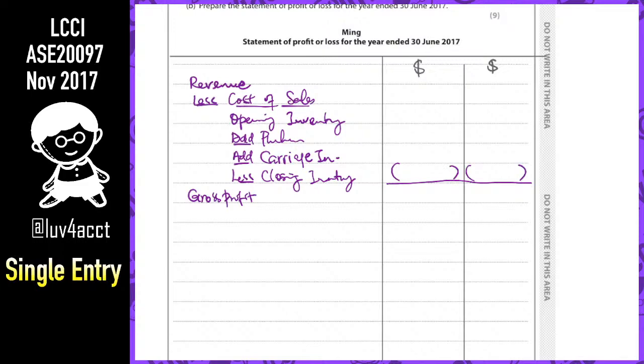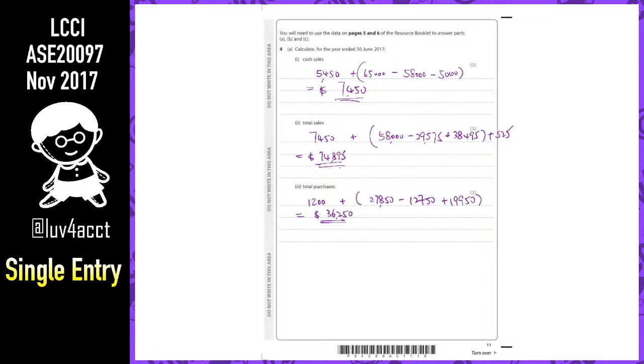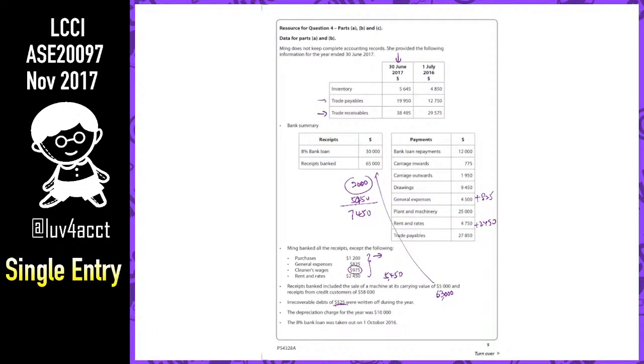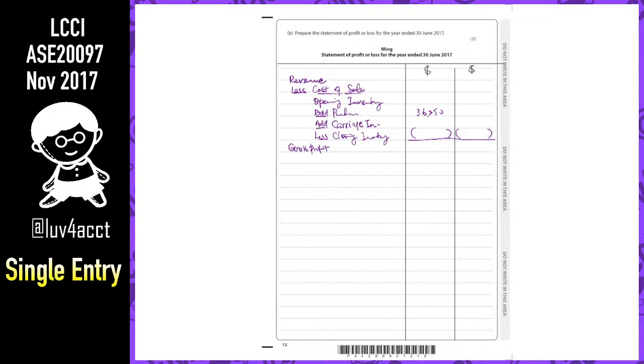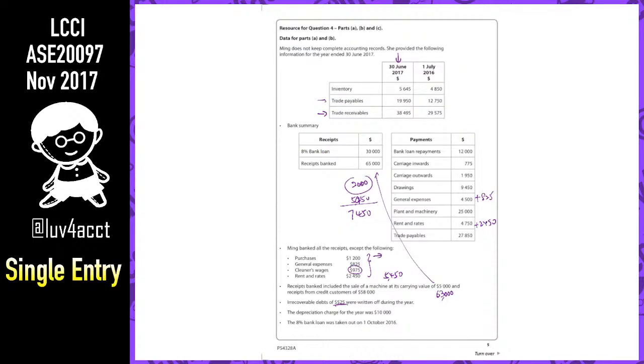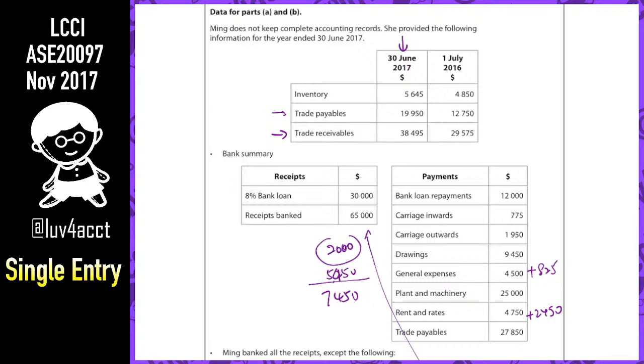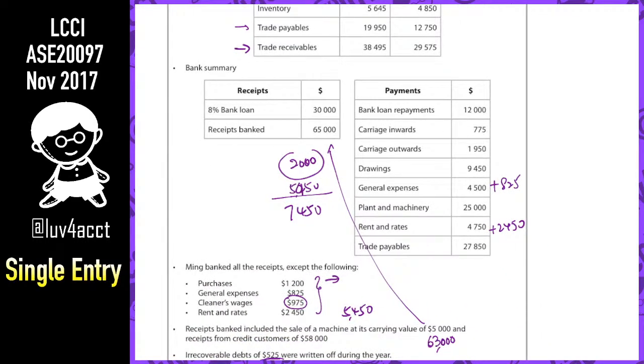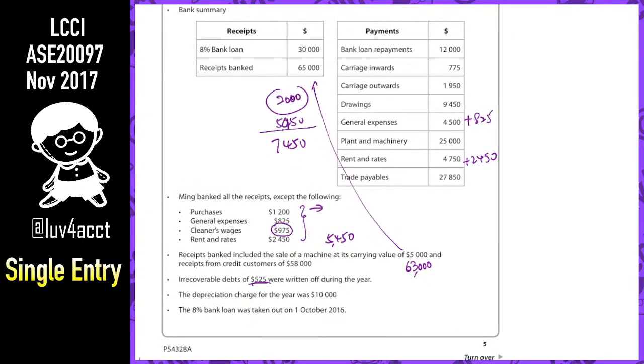So purchases 36250, and then revenue, the total sales 74895. We have opening and closing inventory, 4850 opening, 5645 closing, and also carriage in 775.